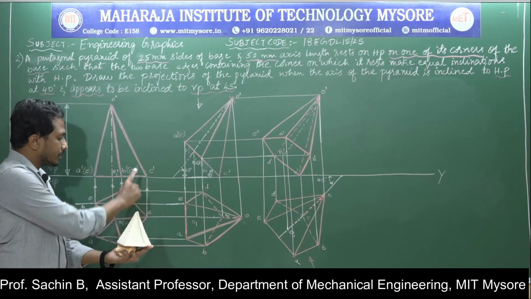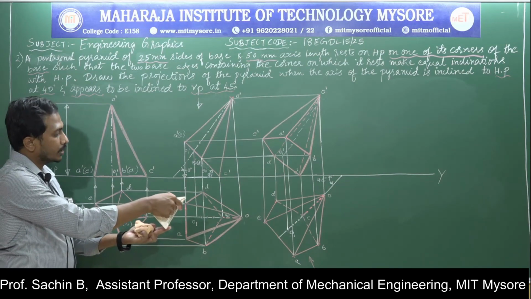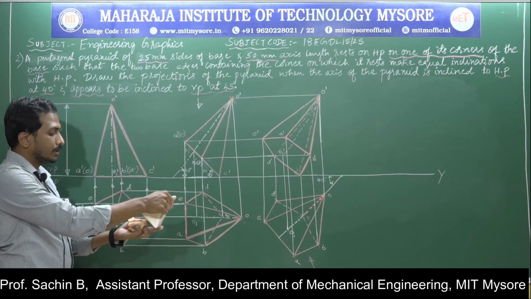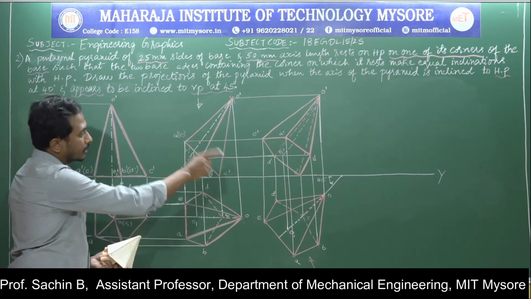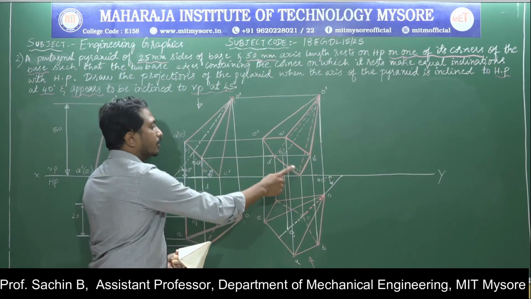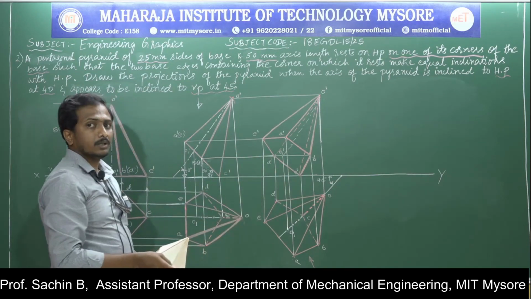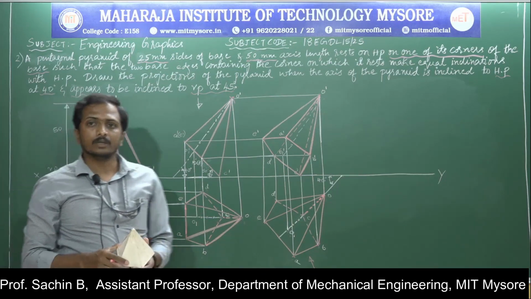Instead of corner here, just draw the edge, then incline the object. Now you will get the solution towards right, and it is purely a resting on edge condition, and whatever the things are drawn, they come in a similar manner. But instead of the corner, you will get the edge representation that is clearly visible for us. This is regarding the pentagonal pyramid. Thank you.